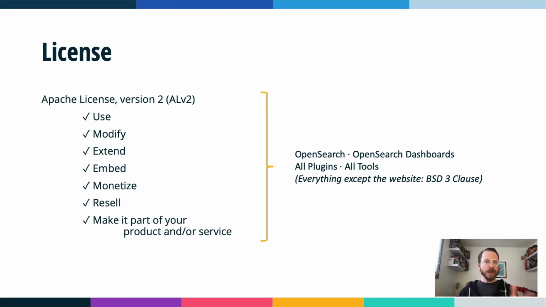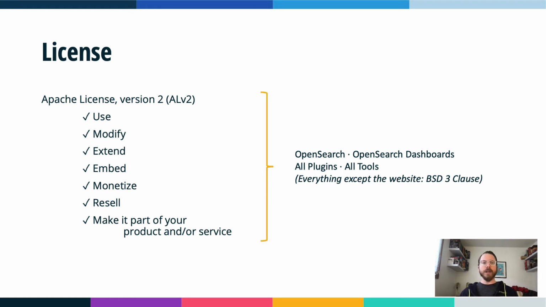Now, I mentioned this a little bit earlier, but I think it's important. The license for OpenSearch is Apache License Version 2, ALV2, as we like to call it, and it allows you to use, modify, extend, embed, monetize, resell, or make part of your own product or service. And we think that's really important. There are a lot of open source licenses out there. Some of them have qualities that make some organizations not want to use them.